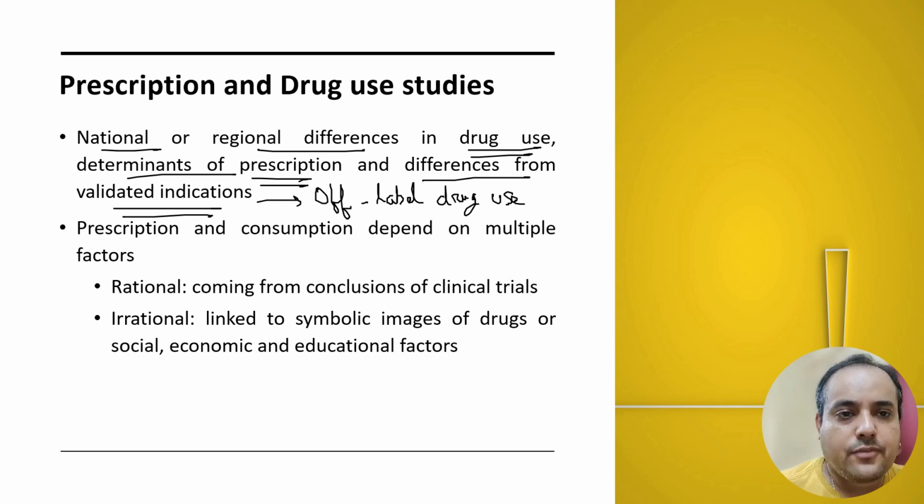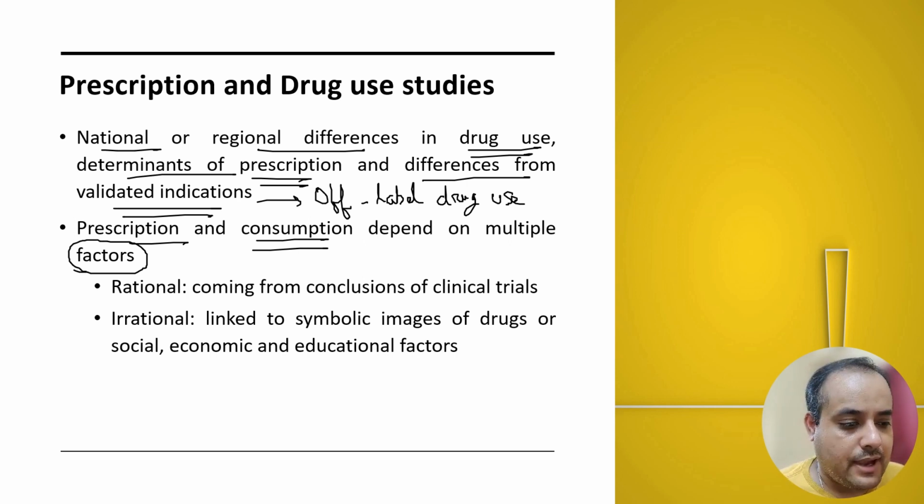Right? Off-label drug use means that the drug is used for any other indication other than which it was approved for. And we know a number of drugs that are used for off-label indications based on the clinical observation. It also finds that the prescription and the consumption depend on multiple factors.